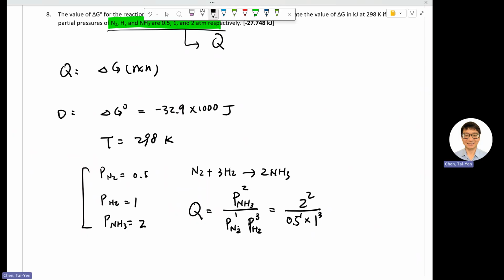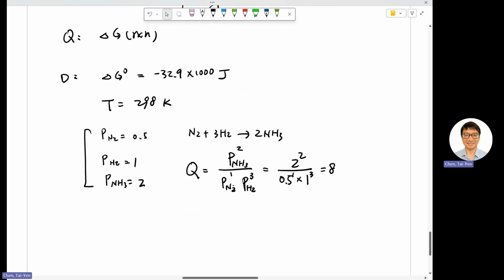Okay, so if you calculate this, then you can get your Q is going to equal a value of 8. Those are the data that you have, right?